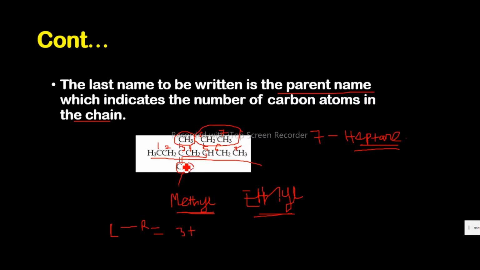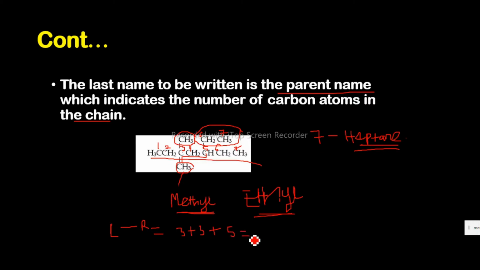So this is one group, it is attached on carbon number 3. Another group is also on carbon number 3. And then another group is on carbon number 5. You see? 1, 2, 3, 4, and 5. So it is on carbon number 5.